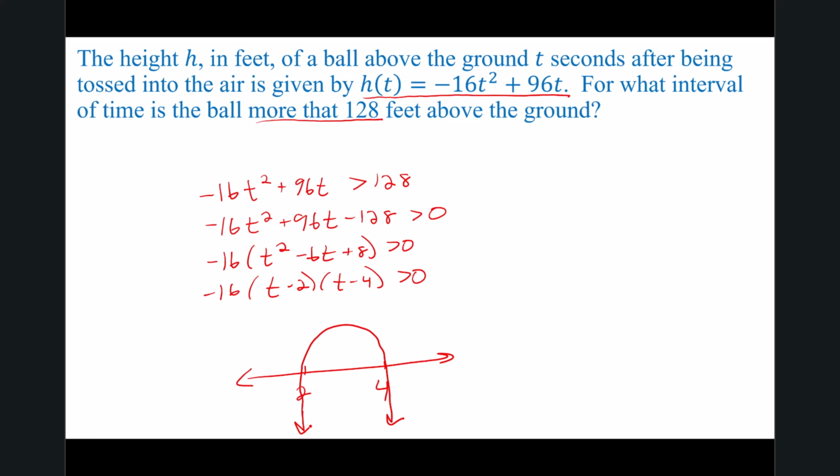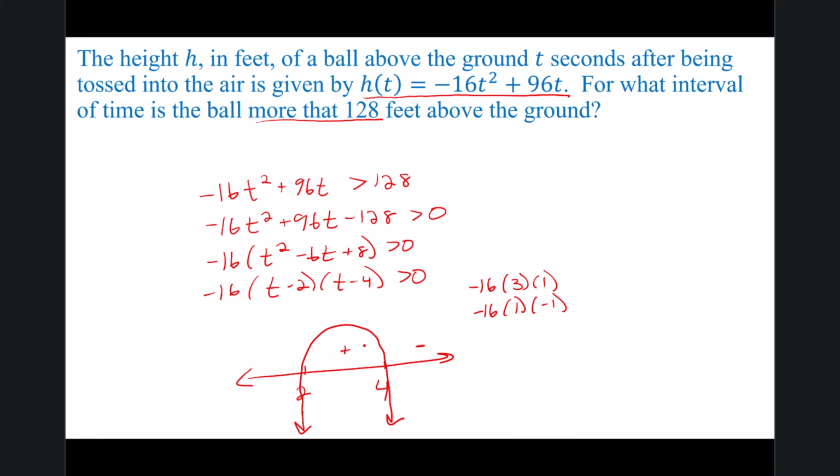I can also plug in some different numbers. Let's plug in 5. If I plug in 5, I get negative 16 times 3 times 1, which is negative. So it's negative to the right of 4. If I plug in a number between 2 and 4, say 3, I would get negative 16 times 1 times negative 1. Negative times negative makes it positive.